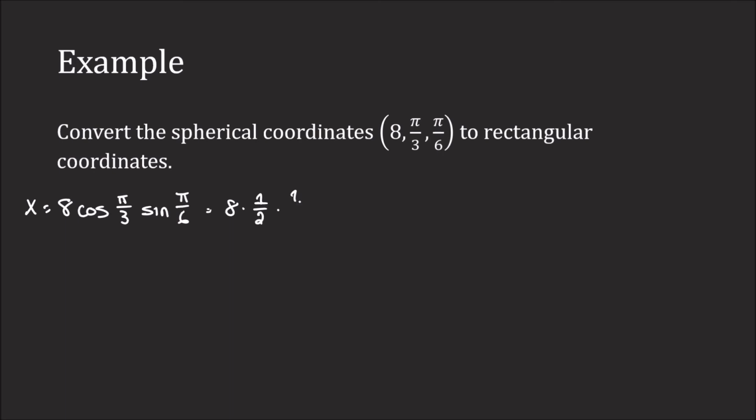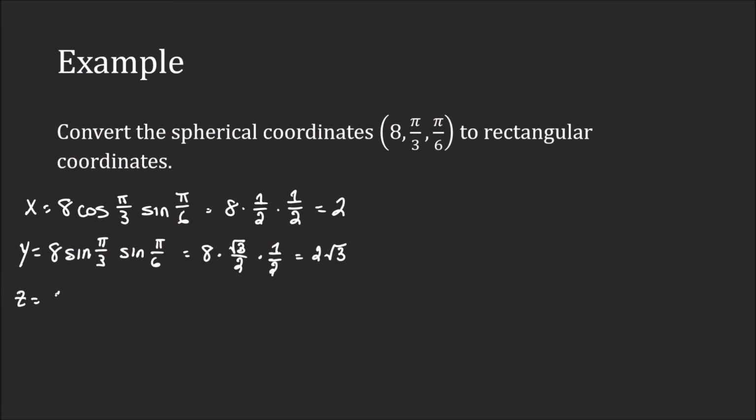Sine of pi over 6 is also a half. So this is 2. y is rho sine theta sine phi. So 8 times sine of pi over 3 is root 3 over 2. And so we wind up with 2 root 3.